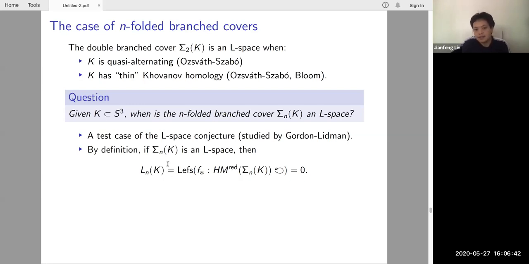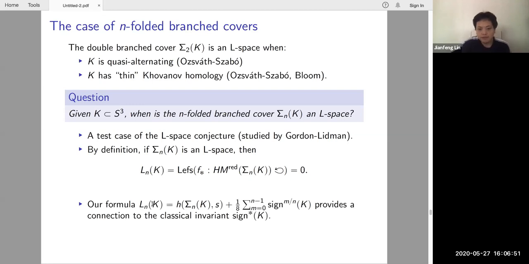So this knot concordance invariant equals 0 whenever the branched cover is an L-space. Furthermore, we have an expression for LNK in terms of the Floer invariant and the signature. This provides a connection of this question to the classical invariant, namely the Tristram-Levine signature.